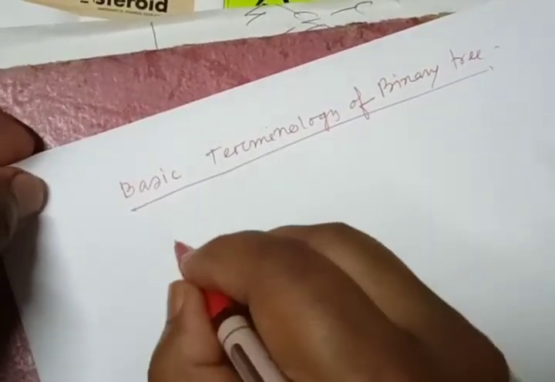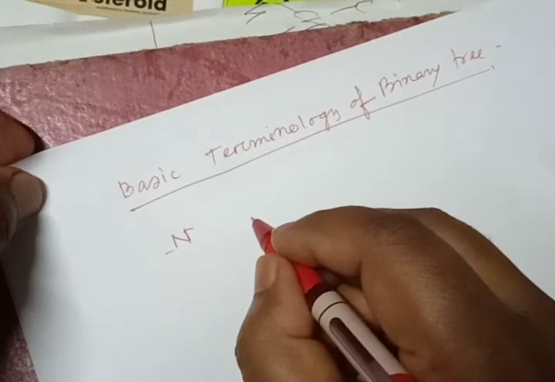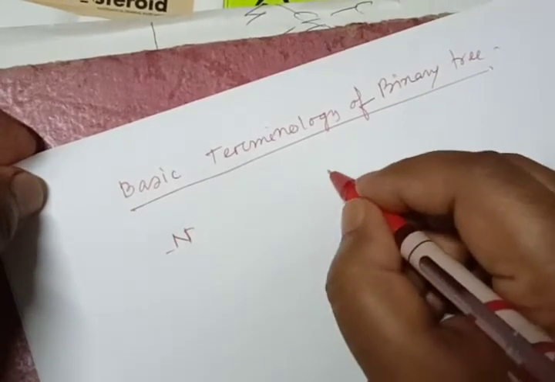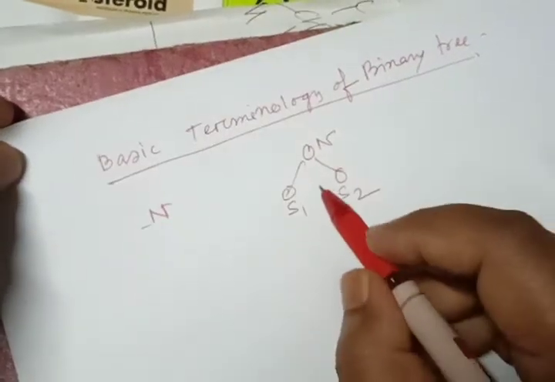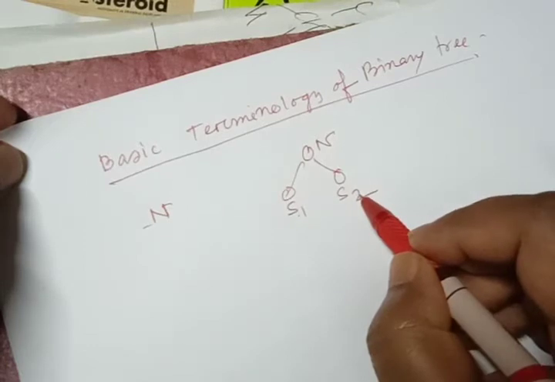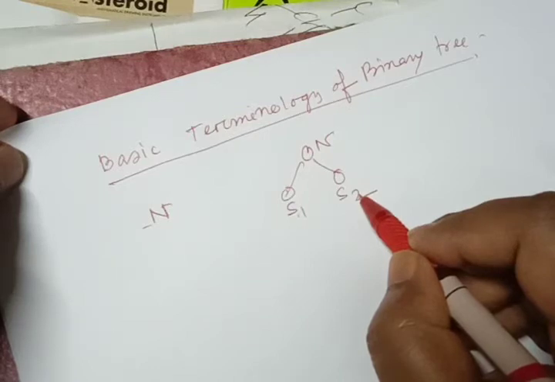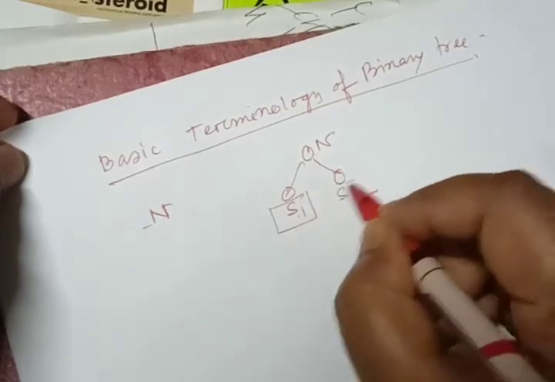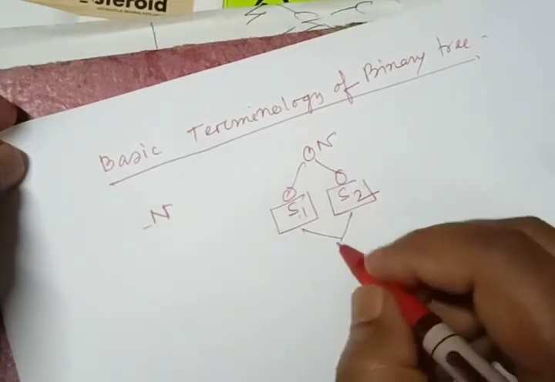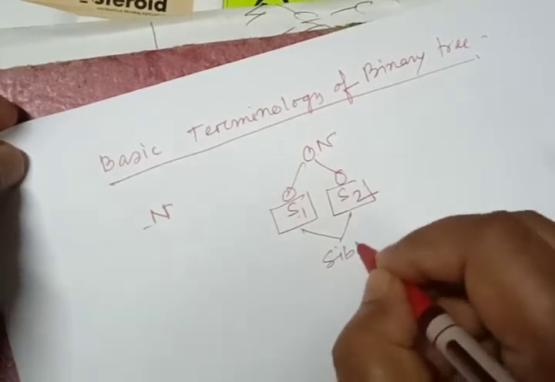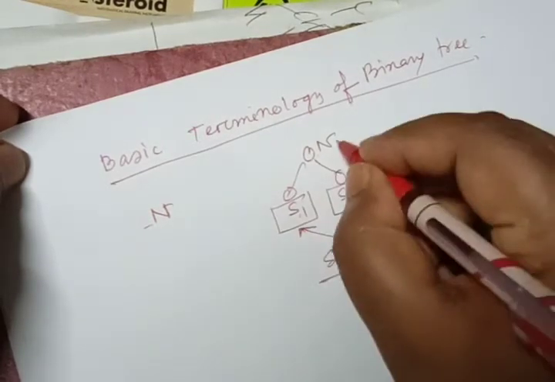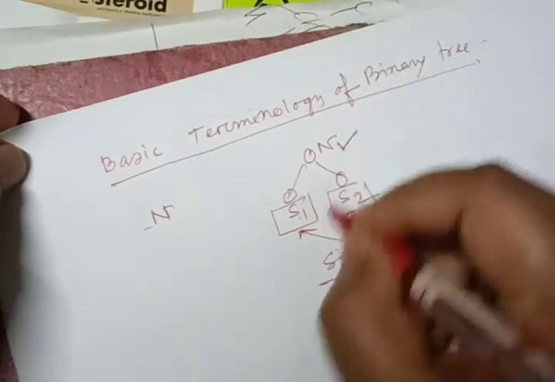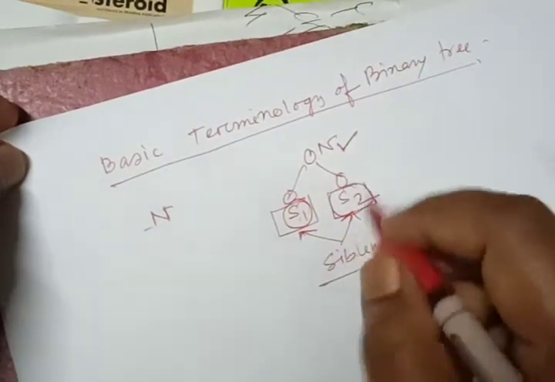Suppose capital N is a node in a tree with left successor S1. This one is N, this one is S1, this one is S2. With left successor S1 and right successor S2, for N, this S1 and S2 are said to be siblings, because the parent of S1 is N and the parent of S2 is also N. So that is why S1 and S2 are said to be siblings.